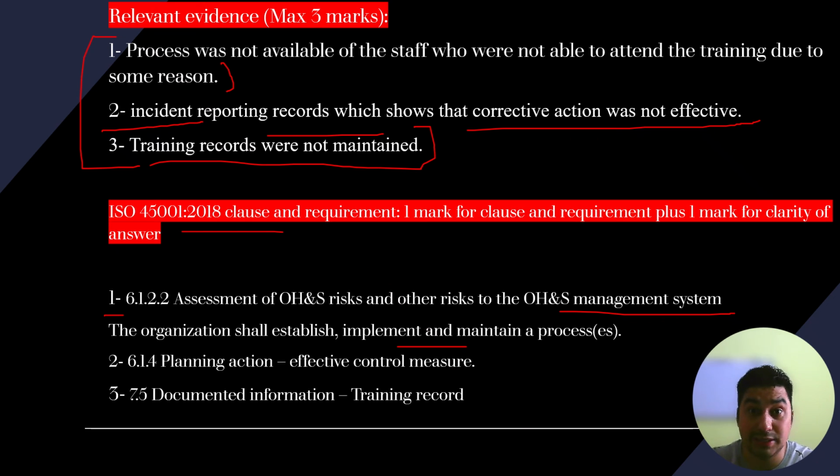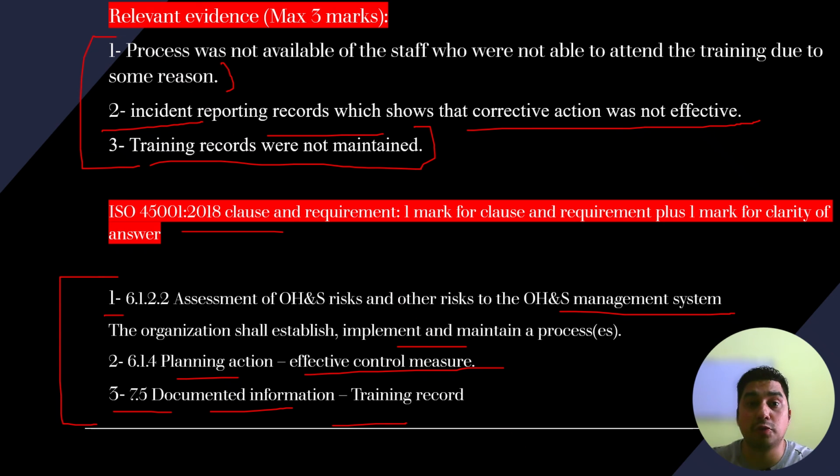So that process was not implemented. The second one, 6.1.4, planning action: effective control measures were not implemented. The control measure is there, the temporary barrier, but it was not effective. Third one, clause 7.5, documented information. The training record was not maintained, not available. Okay, so we're done with this.